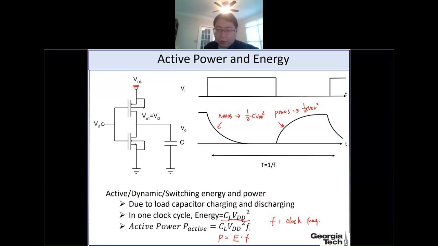If you run your clock faster, then you are going to consume more active power. So this is the active power and energy. The energy is what you use to finish some task, and the power is the average power during this clock cycle.